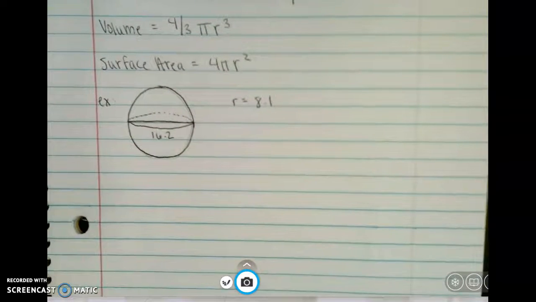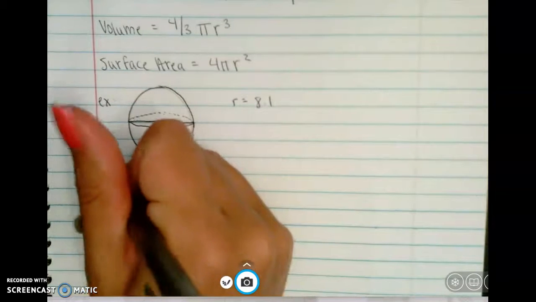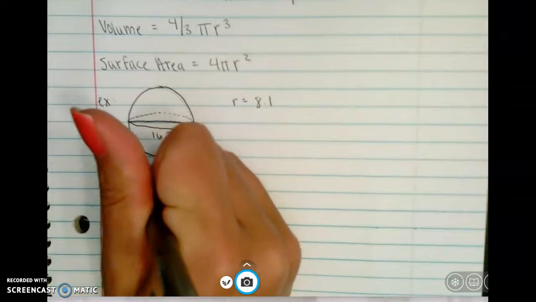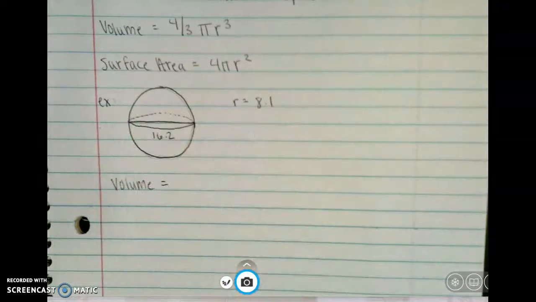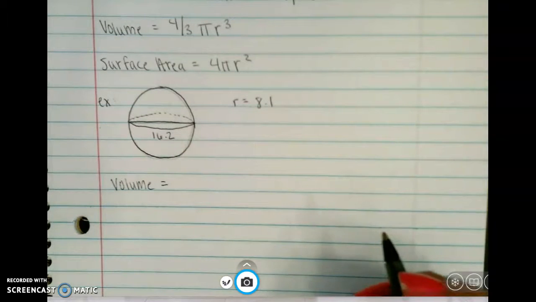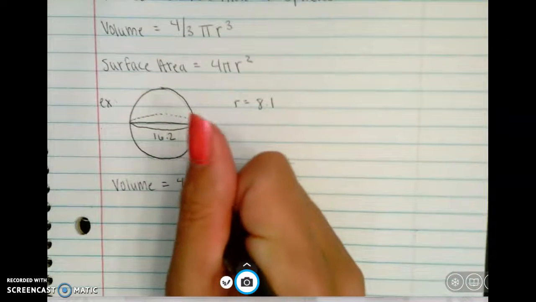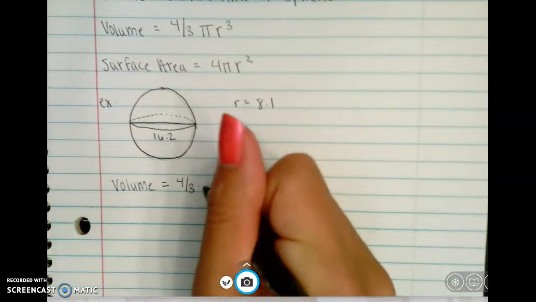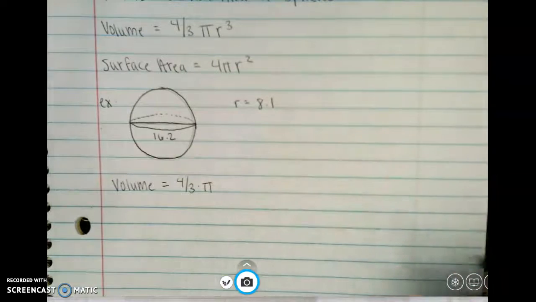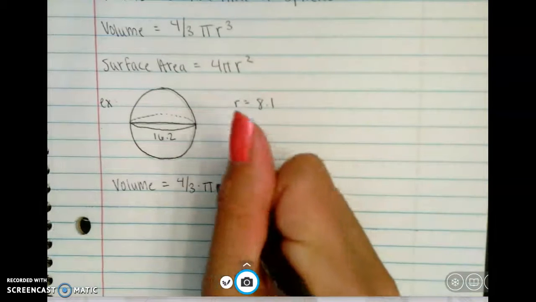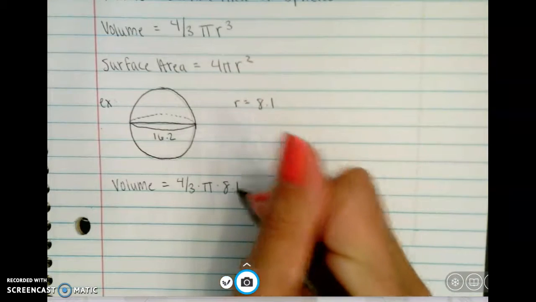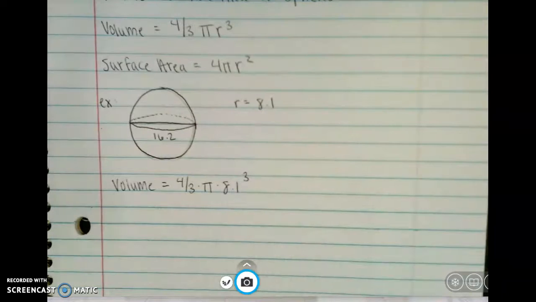When we're calculating the volume, we're looking at 4/3 times pi, so again just use 3.14, times the radius cubed.